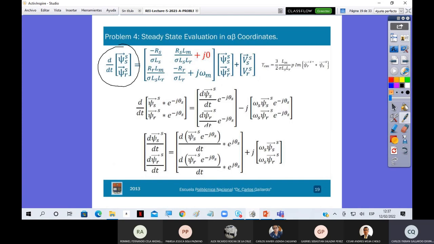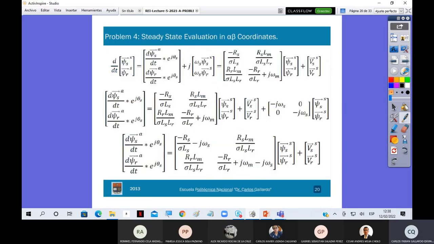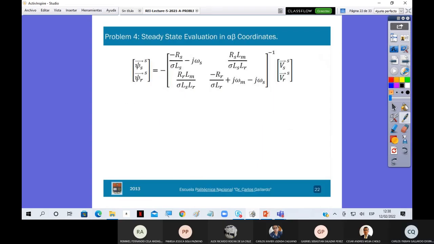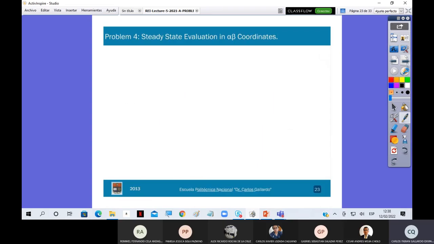This is the steady state representation, steady state evaluation, and that is the way to compute the electromagnetic torque. So I will start taking the derivative.